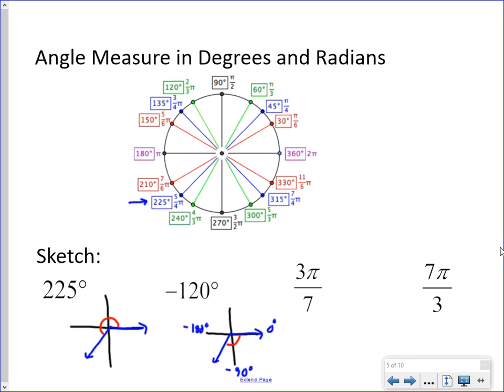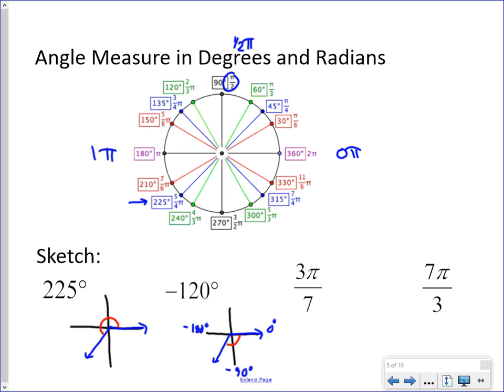In terms of my fractions for pi, this is 0 pi over here on the positive x. This right here is 1/2 pi. And then when I get to 180, I'm back at 1 pi. So is 3/7 in between 0 and 1/2, or 1/2 and 1? Is it going to be in the first quadrant or the second quadrant? The first quadrant. 3/7 is not a full half, right? What would be half of 7? 3.5.